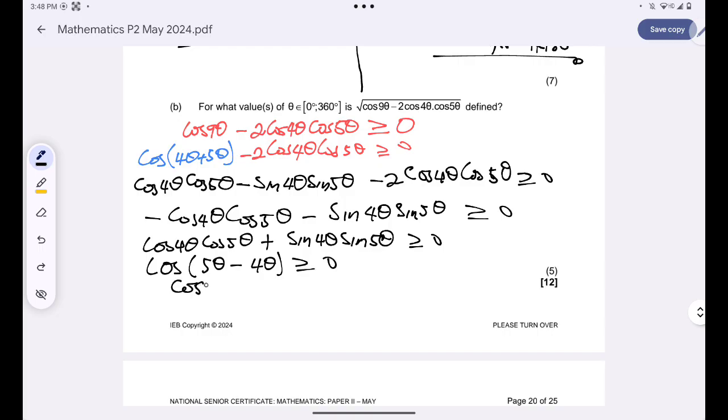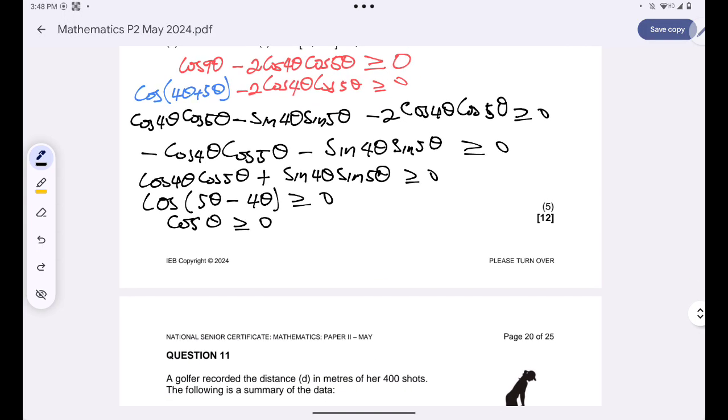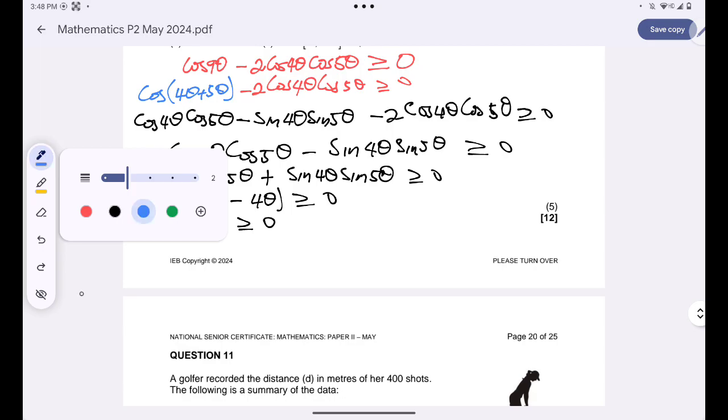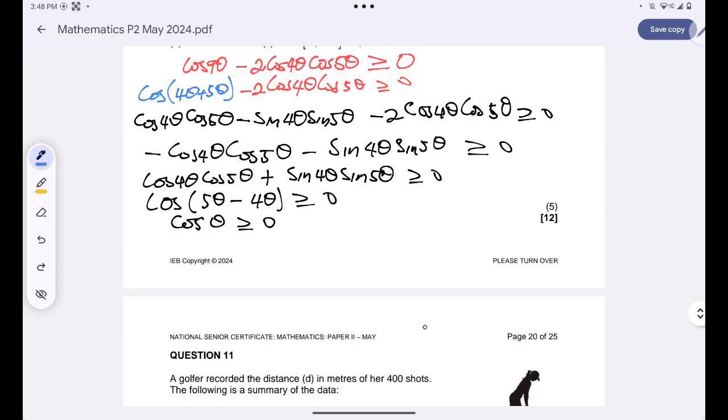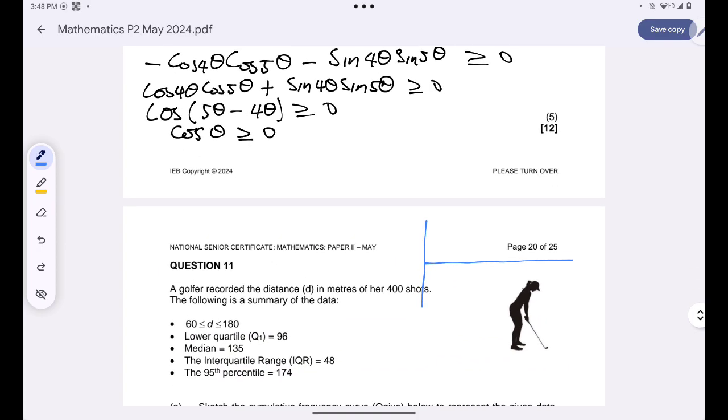So this thing is simply cos theta greater than 0. They want me to find the values of x where cos theta is greater than 0. Remember the original graph, guys, for cos theta? It simply looks like this. The graph for cos theta is like this.